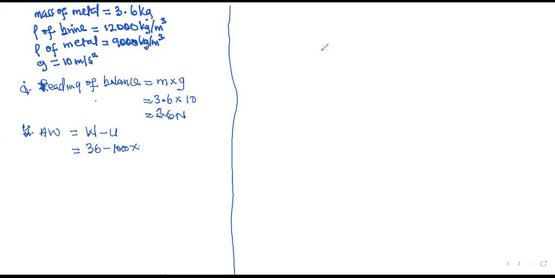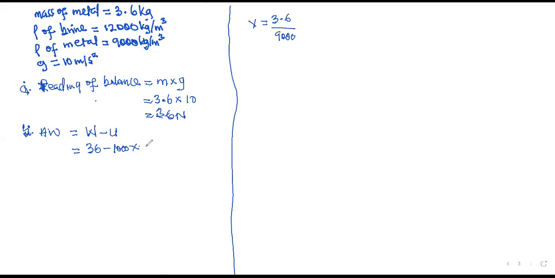Gideon, let me take over. Now, the volume of water that will be displaced will be equal to the volume of the object, since it is fully immersed in the liquid. So the volume of the object is equal to its mass, which is 3.6, divided by its density, which was given as 9,000.